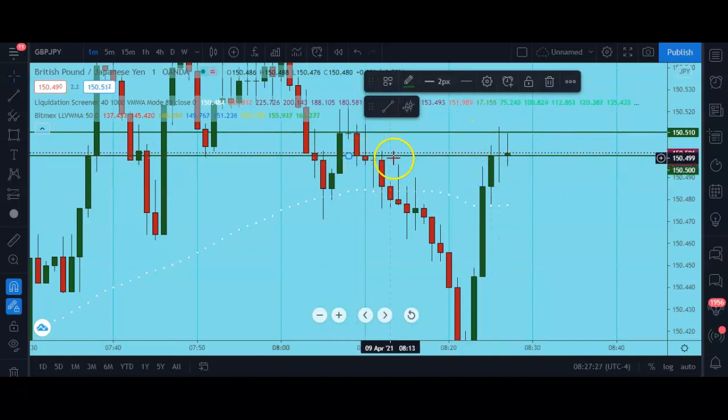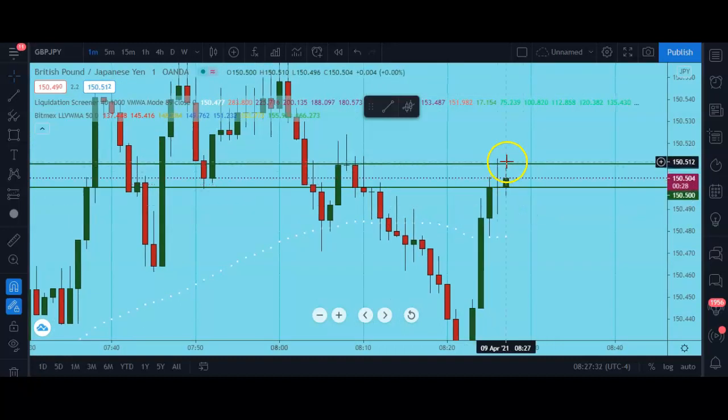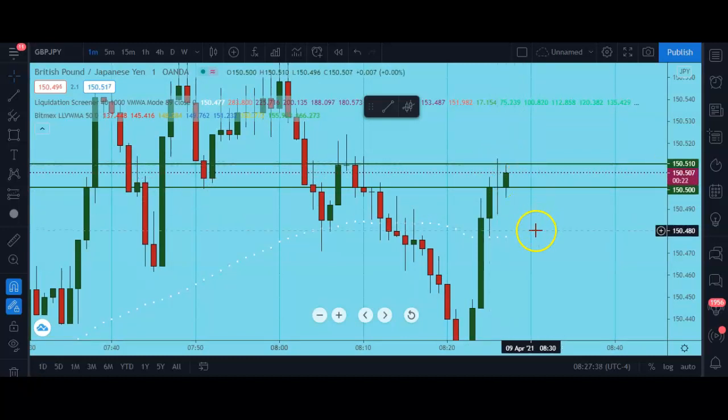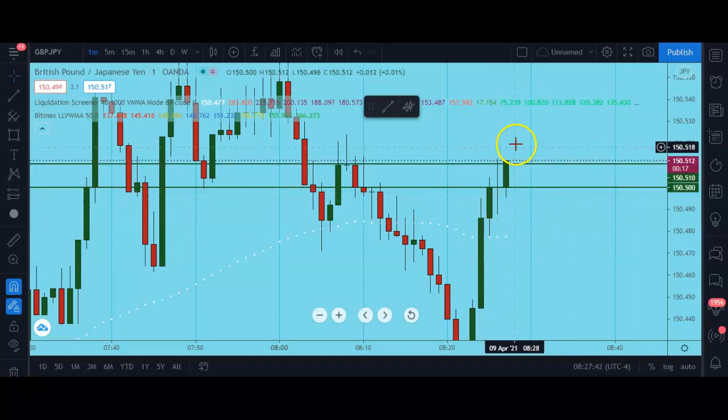This candle closed at support and resistance. To be on the safe side, I know that price is going to remain below this line right here. I was getting ready to say I believe that it'll be above this one. This is the one you want to be in.